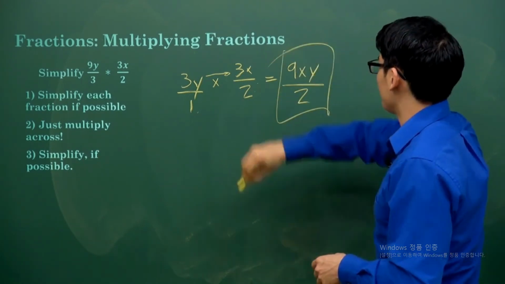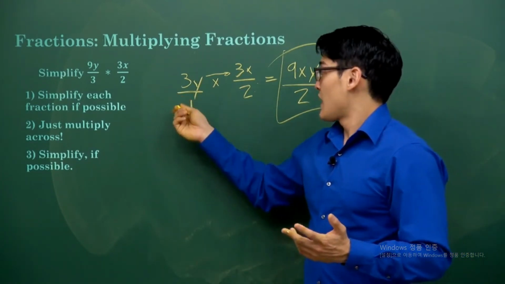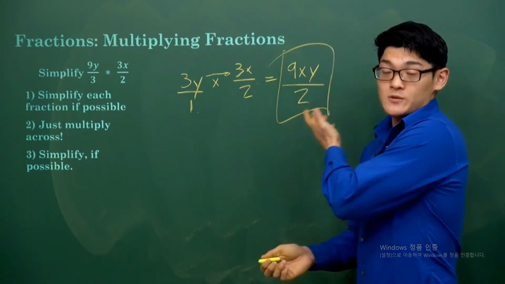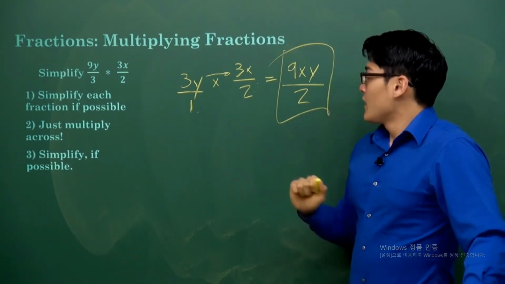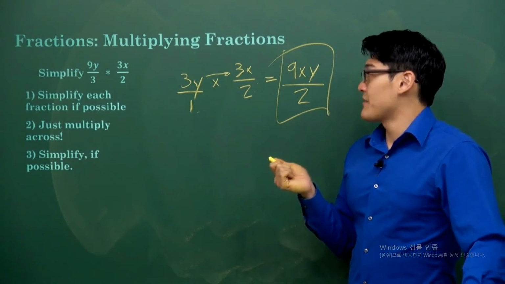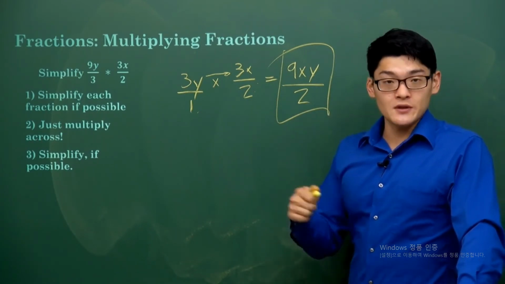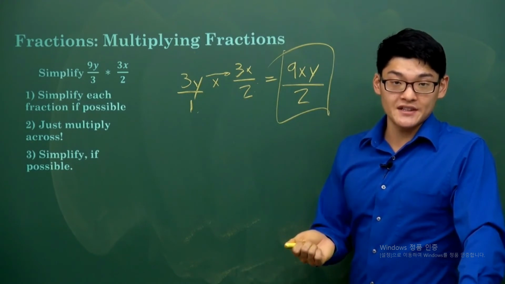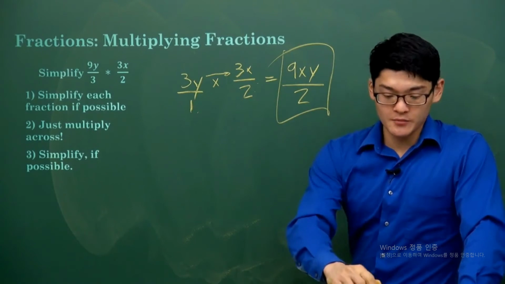And simplify if possible. In this case, we simplified in the beginning, and it gave us an answer that was already simplified. So it's very nice in that way. Okay, so this is how you multiply fractions. Very, very easy. Nothing too hard. Just don't get it confused with adding or subtracting. It is different.